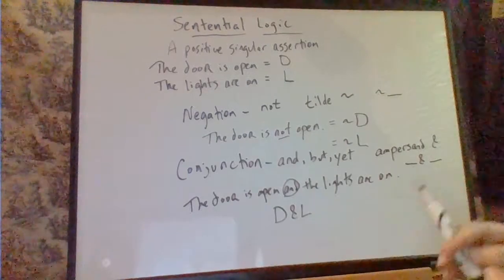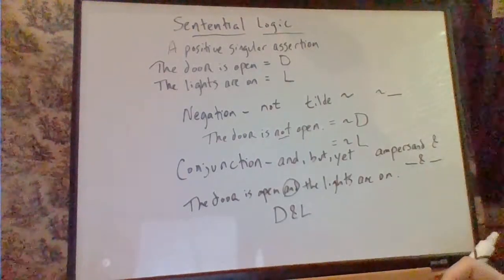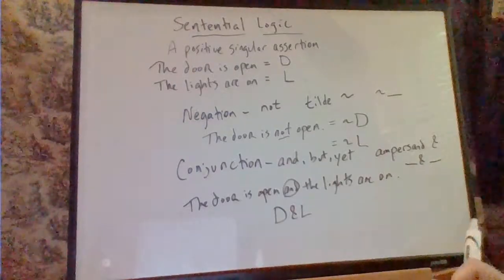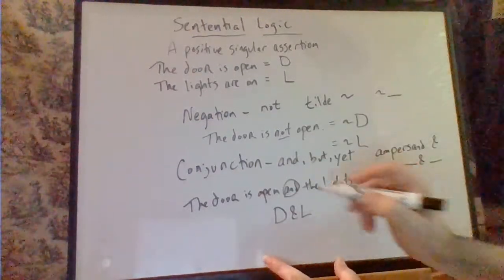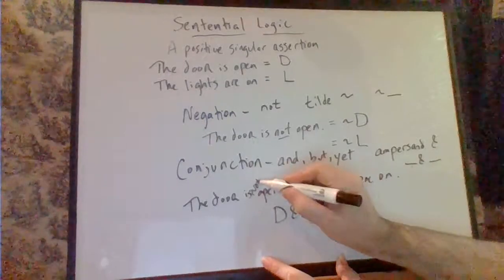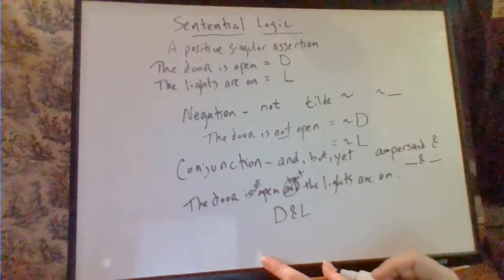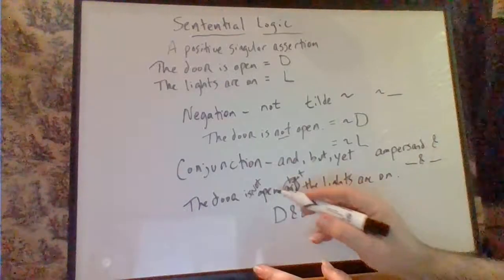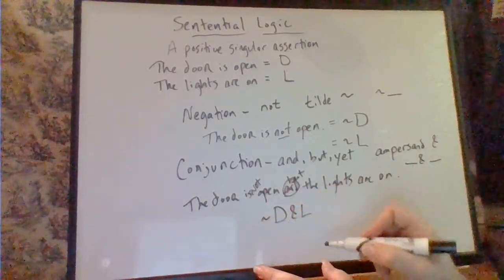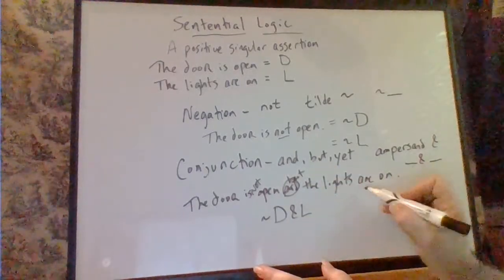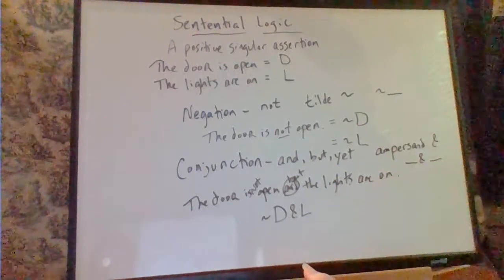You can use negation with other forms. So suppose I wanted to say the door is not open, but the lights are on. Well, the door is not open is tilde D, but is still the ampersand. The lights are on is still L. Okay?